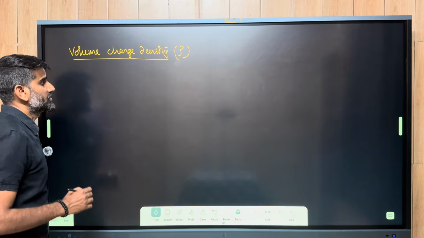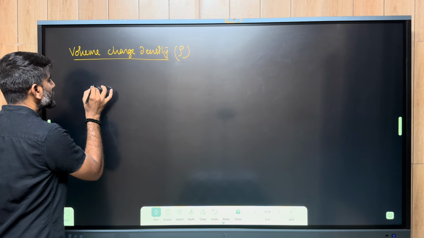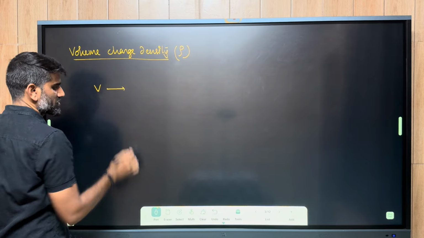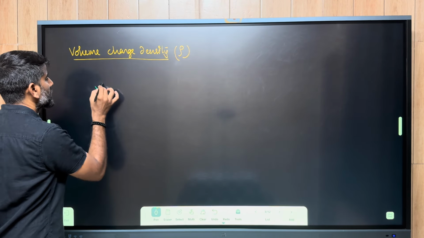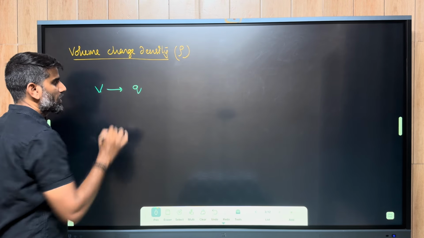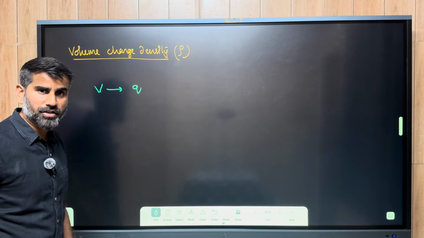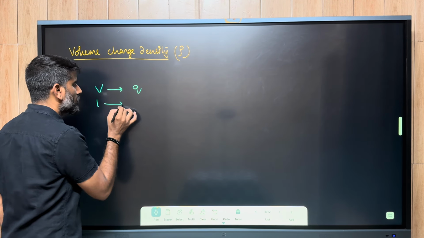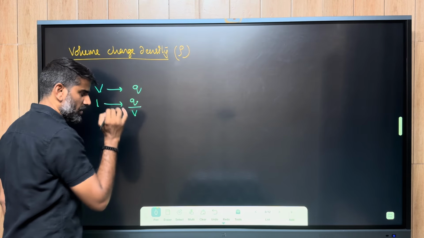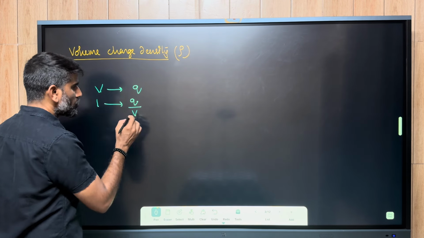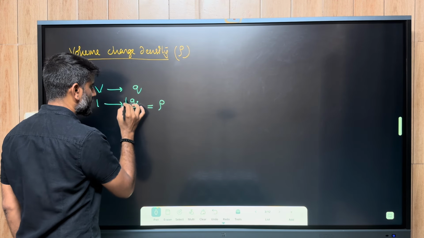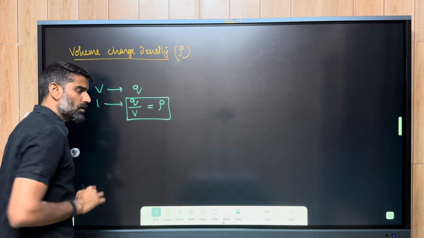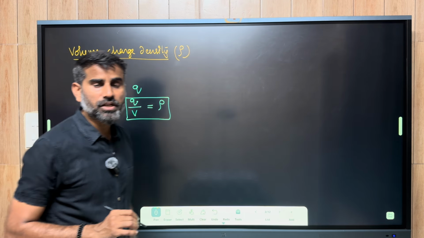Let's say V is the volume over which the charge Q is distributed. Per unit volume, how much charge is distributed? Again, Q by V. This ratio Q by V is called volume charge density rho. How do we define this?